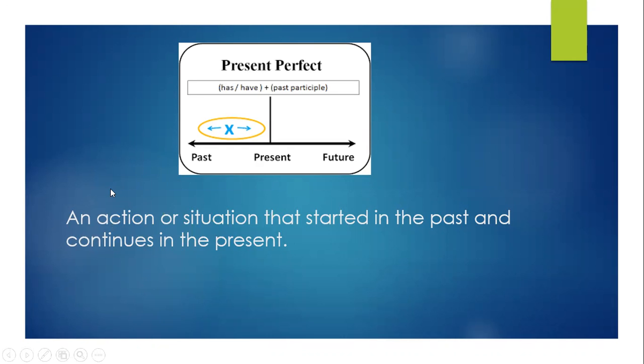Present perfect means an action happened in the past and continues in the present. So it's an action or a situation that started in the past, okay, and continues in the present. Look at the timeline here. This is the action. The action happened in the past and continues in the present.